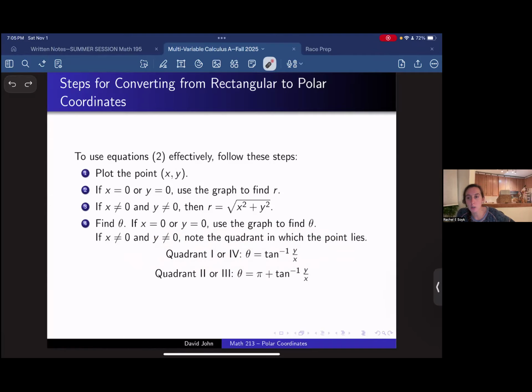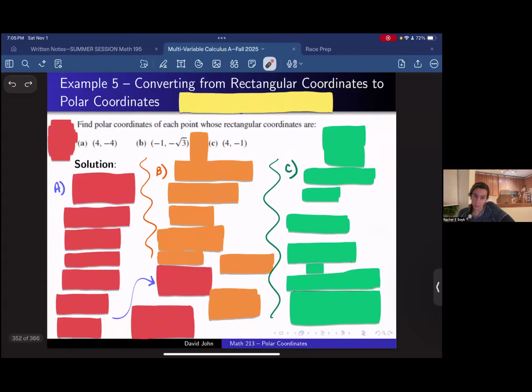Now, you can also just use the whole All Students Take Calculus as well, and figure out where your angles are positive and negative, and where your trig values are going to be positive or negative. But it'll be easier once we look at concrete examples, which we have now arrived at.